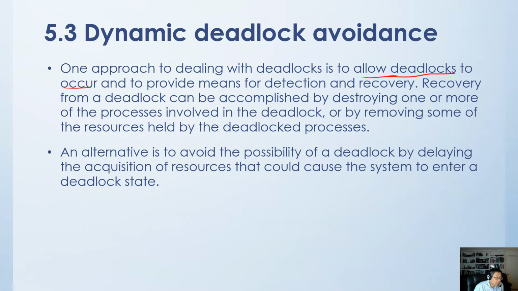An alternative is to avoid the possibility of deadlock by delaying the acquisition of resources. For example, with the current resource allocation graph, if one process is requesting an additional resource, we check whether granting this acquisition is going to lead to the deadlock state.